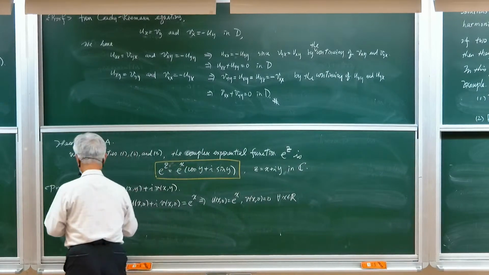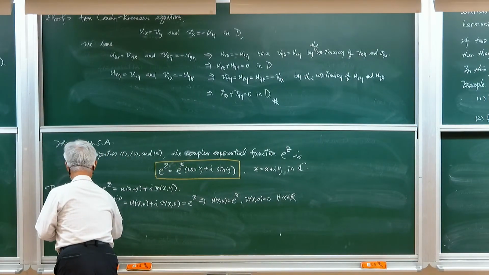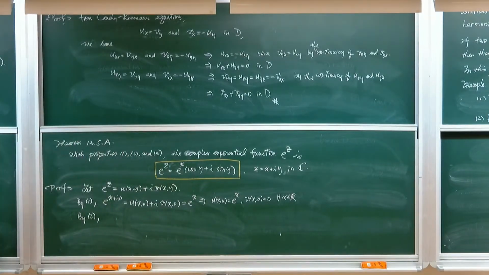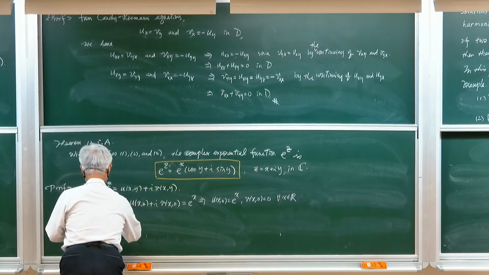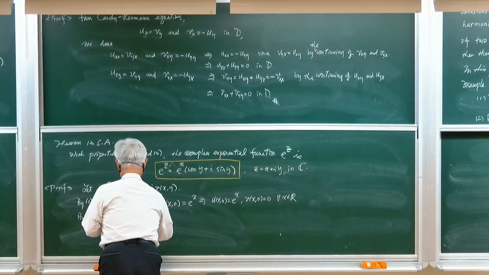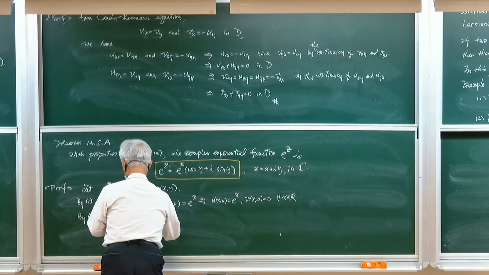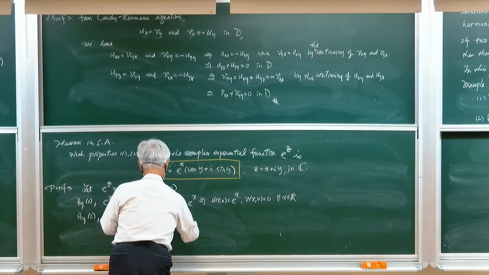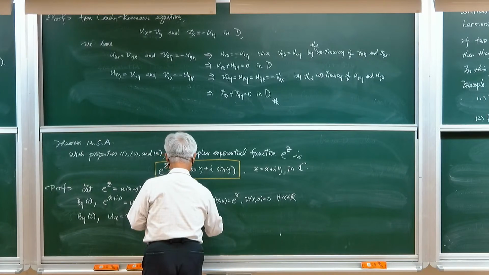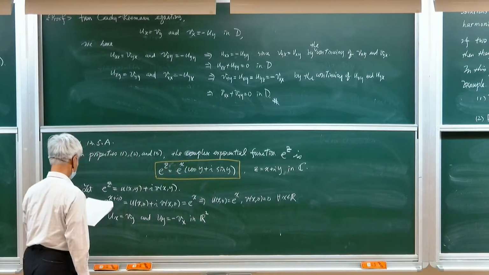Now by 2, because it is analytic, we know Ux is equal to Vy and Uy is equal to minus Vx, in the whole plane.